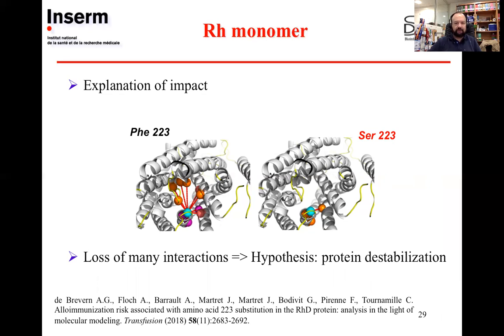You lose a lot of interactions, and you lose a lot of interactions with helices around this position. So here we have a hypothesis of local protein destabilization, potentially creating cryptic epitopes that are implicated in the immunization events.